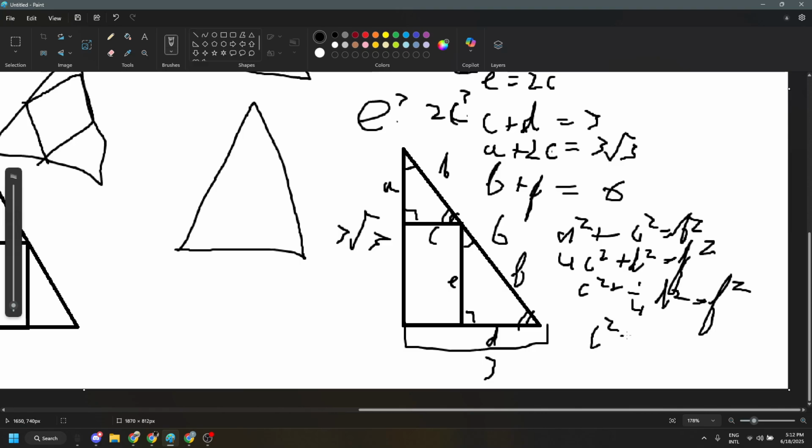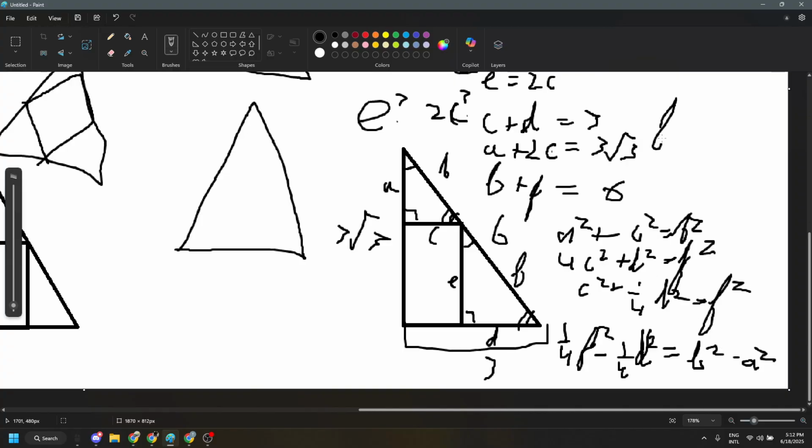C squared is equal to 1/4 F squared minus that, and it'd be B squared minus A squared.